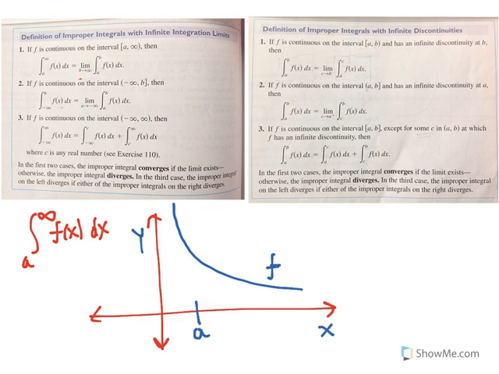So what does it mean to have this improper integral? You can interpret it still in terms of area. If we had a definite integral, we know that we would interpret this as the area between the graph of f and the x-axis from a to whatever the upper limit of integration is.